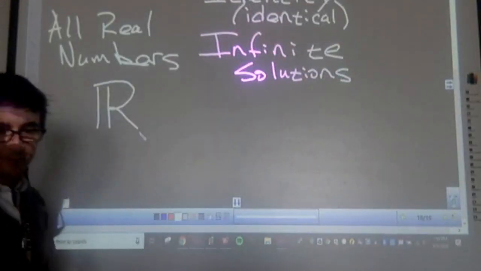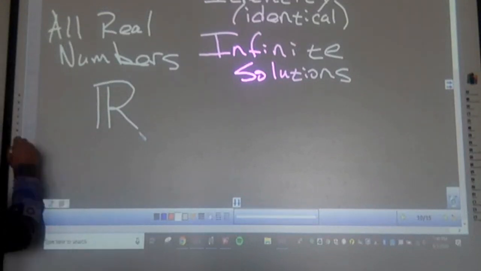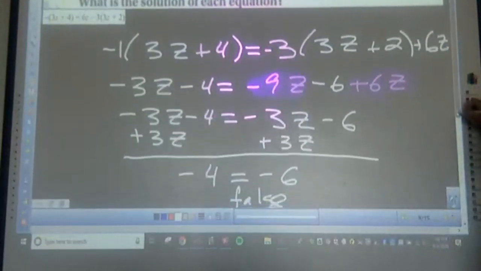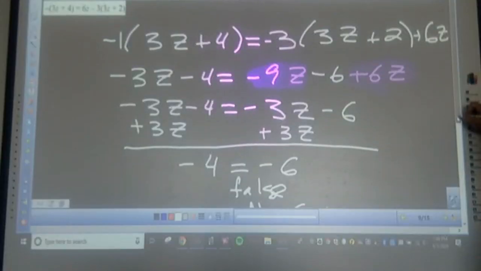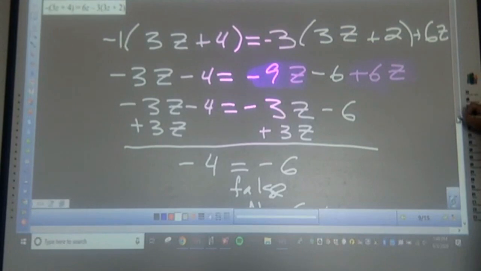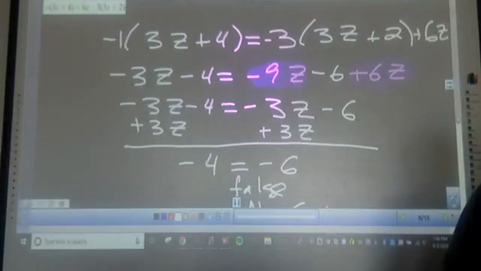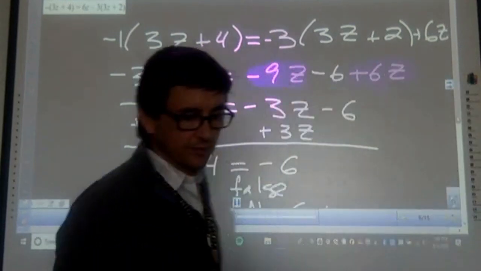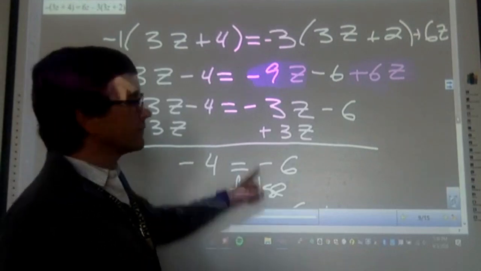Ari, you had your hand up? Yeah, it was about the last problem though. Okay. So it was on the right side. It was negative 3 and then times 3z plus 2 in parentheses, I think, right, or quotations. Yeah, parentheses. But did you? I got a different answer, but I don't know, because I combined like terms, and it didn't give me a no solution.